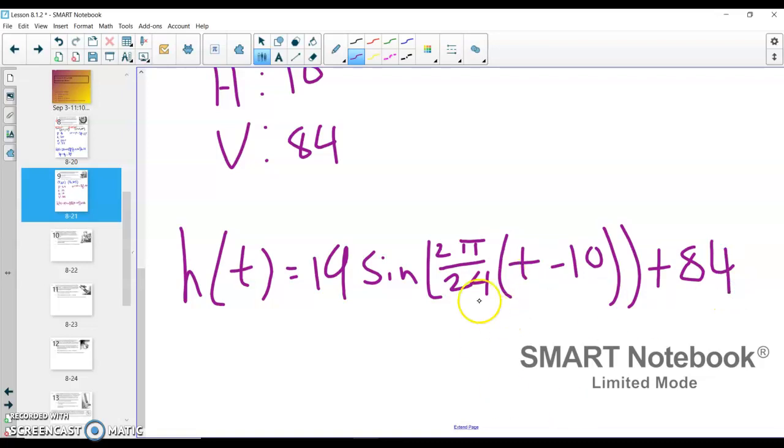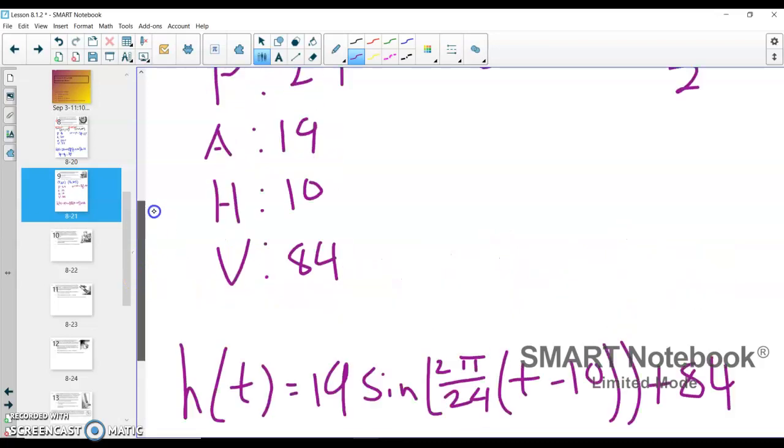Again, this can be reduced down. The 2 and the 24 will reduce down, so that's just going to be pi over 12. Everything else looks good.